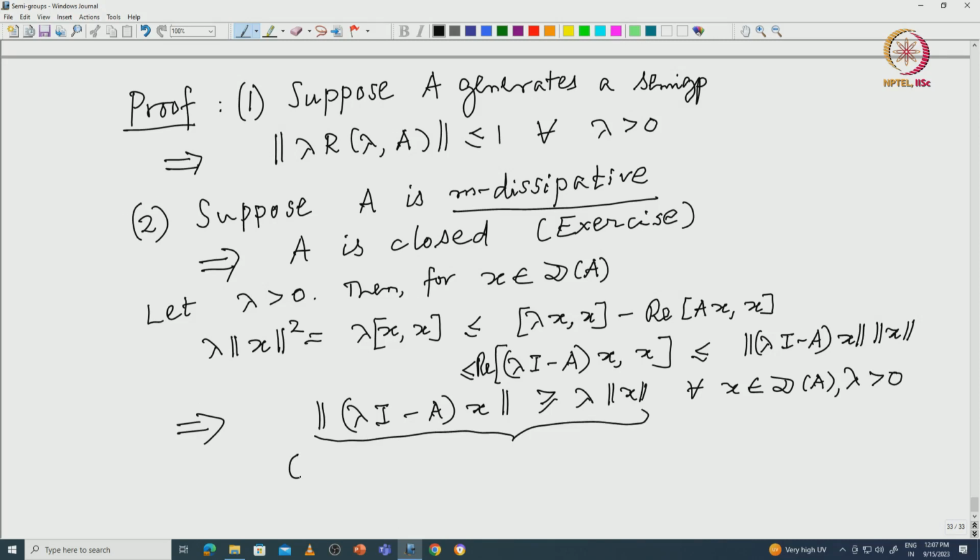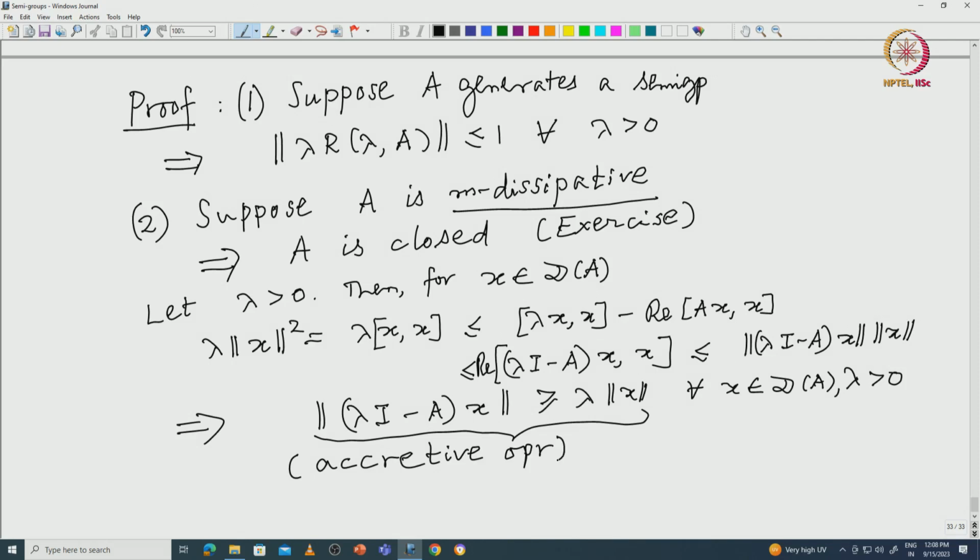A small remark here: this condition in many textbooks is defined as an accretive operator. So A is called an accretive operator, and for m-accretive you include that image condition.